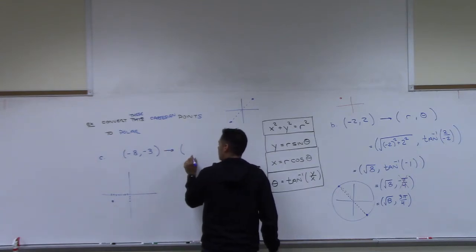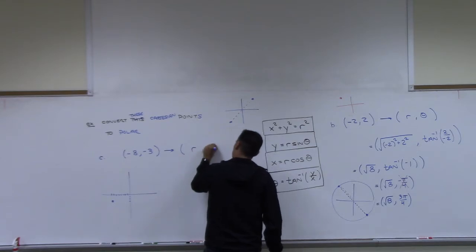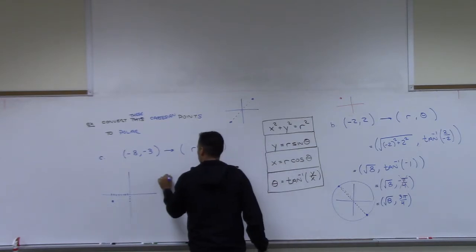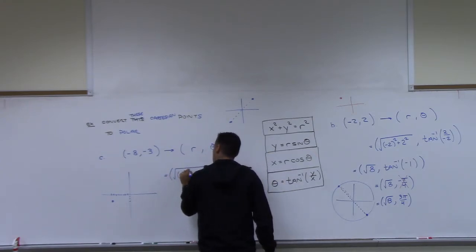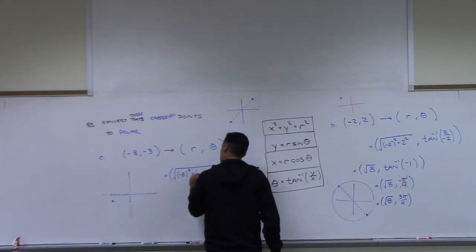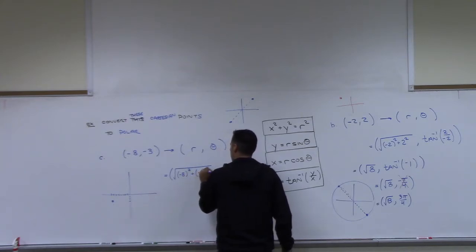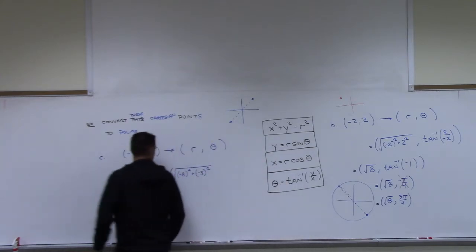So we have r theta, right? The r part should be pretty straightforward. It's just the square root of the sum of the squares of the coordinates.